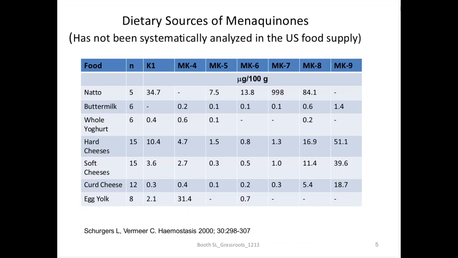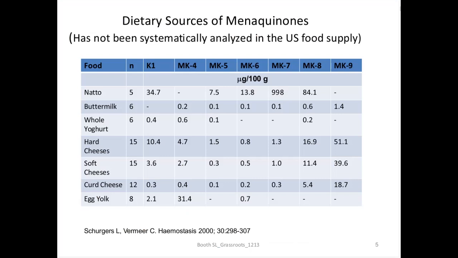Now, I just told you that phylloquinone or vitamin K1 is present in green leafy vegetables and in plant oils, but we now know that the menaquinones or vitamin K2 are also in our food supply. Unfortunately, in the United States, we haven't systematically analyzed it. However, in the Netherlands and in Japan, they have spent considerably more time analyzing foods for the menaquinones.